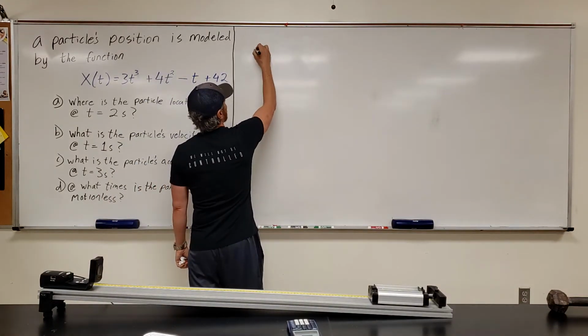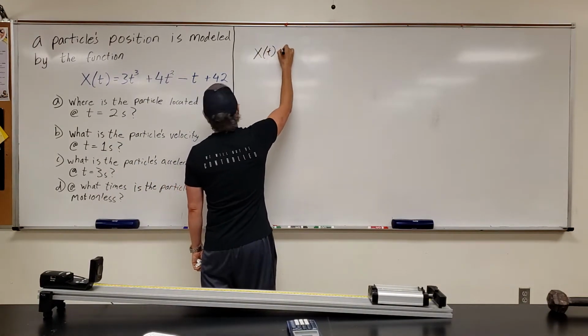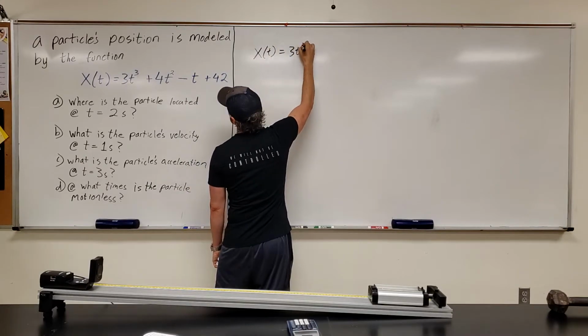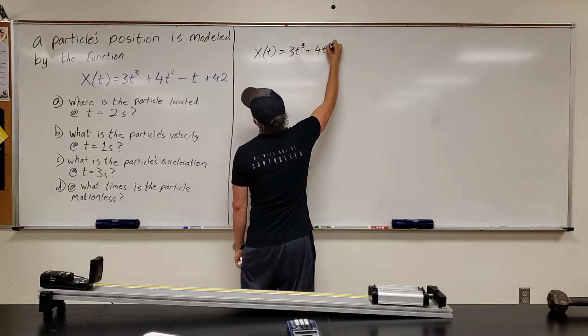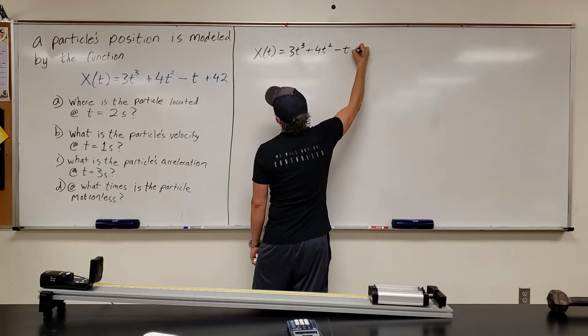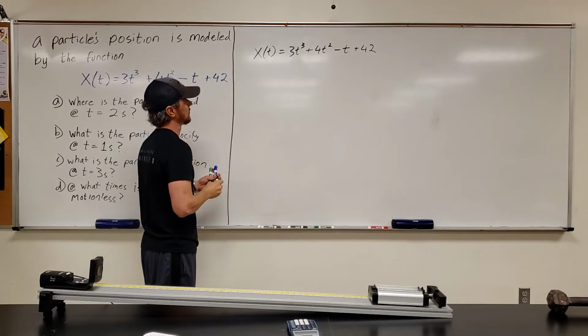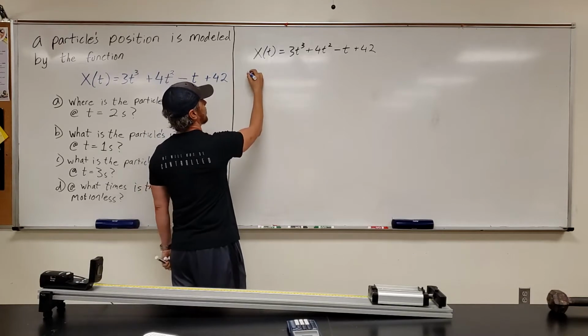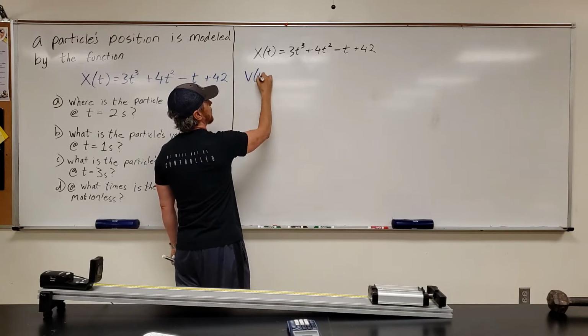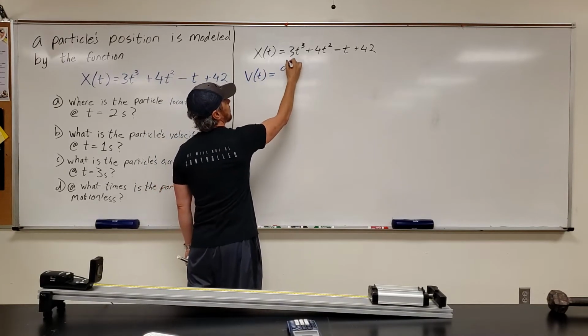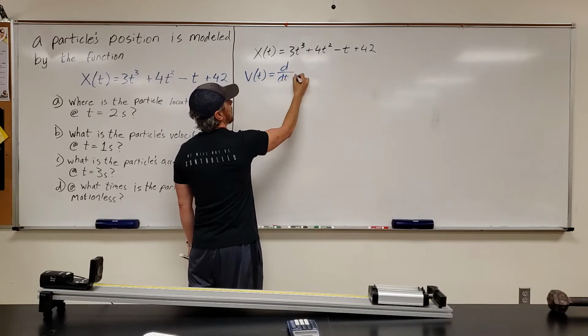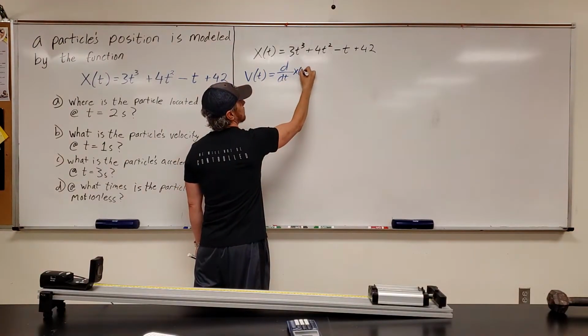So if my position function is x of t equals 3t cubed plus 4t squared minus t plus 42, then to get my velocity function, I need to find the derivative. So my velocity function is the derivative with respect to time of my position function.